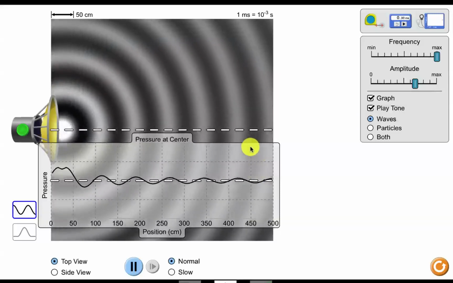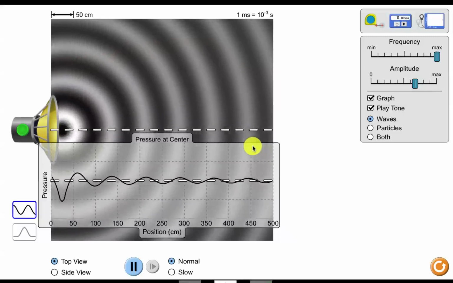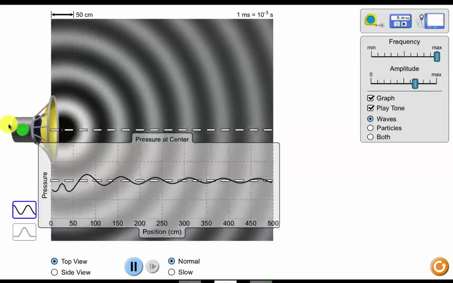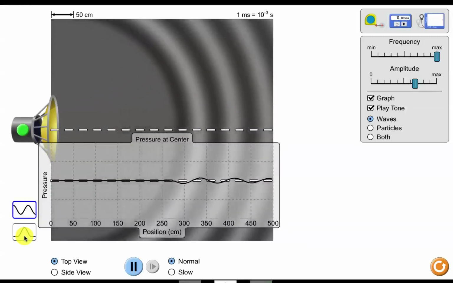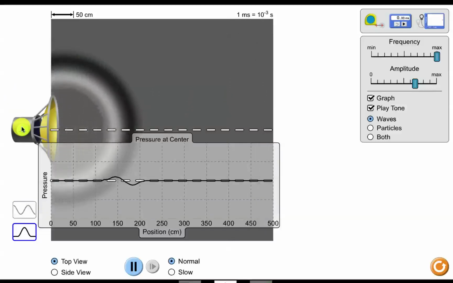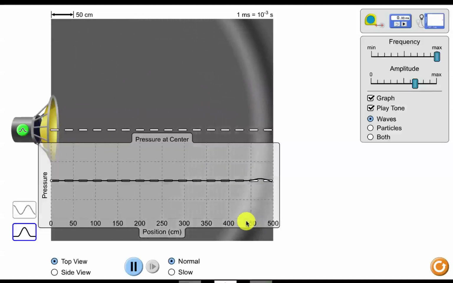Here the pressure is sometimes increasing, sometimes decreasing, and is sinusoidal. So if I was to put out a pulse instead, watch what would happen. You see that a pulse will travel through, it'll reach this point at 450, and then it'll exit. It'll be lost, it'll dissipate itself.